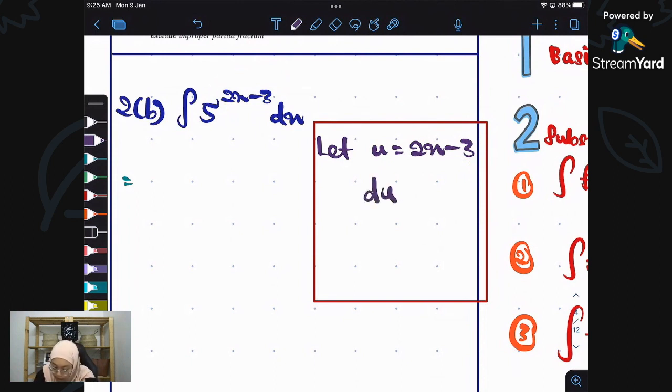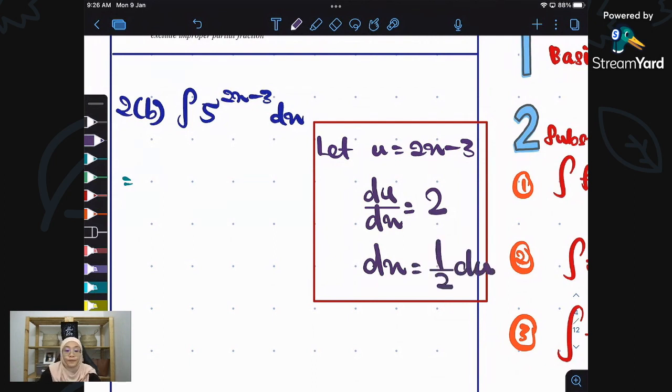Then, as usual, differentiate U with respect to x, you will get 2. Making dx the subject, we get 1 over 2 du.